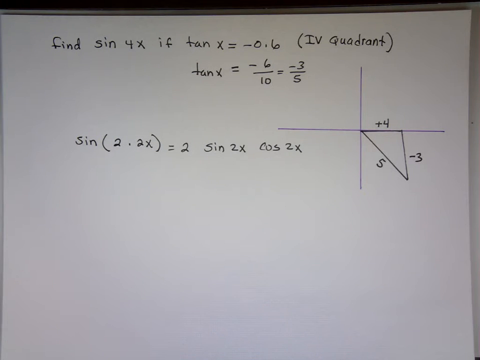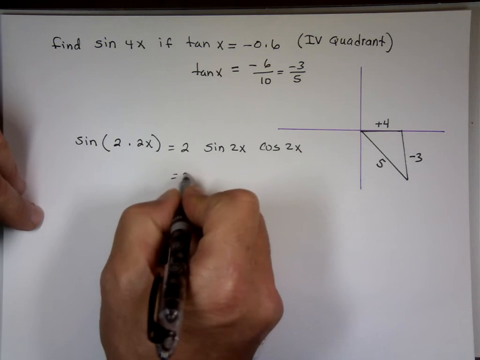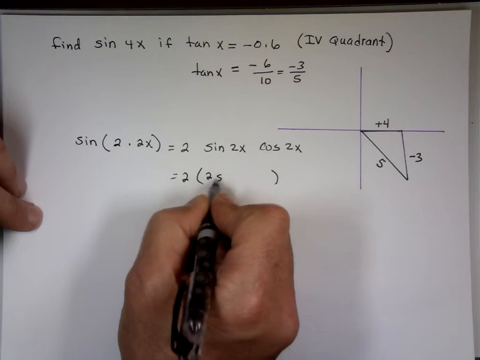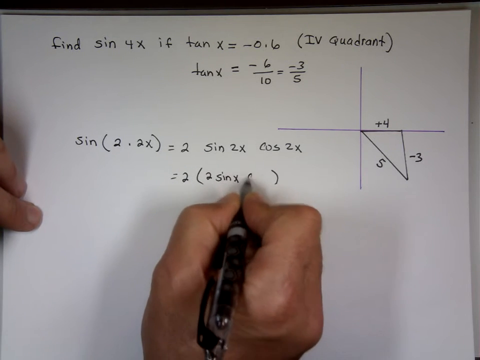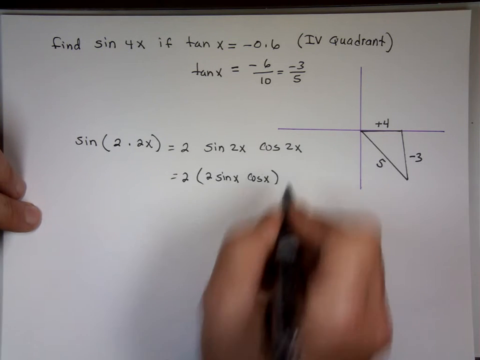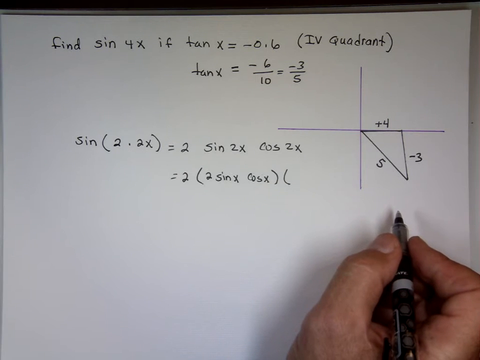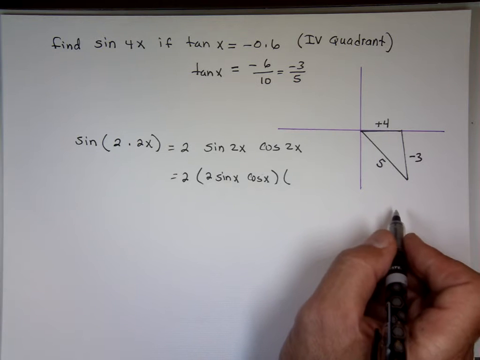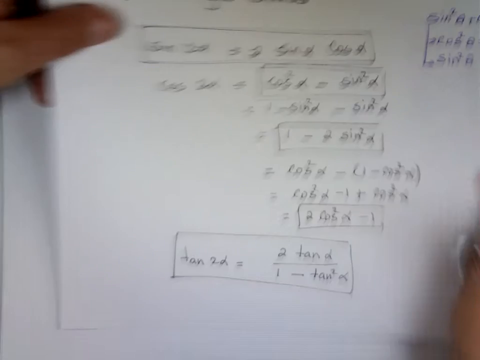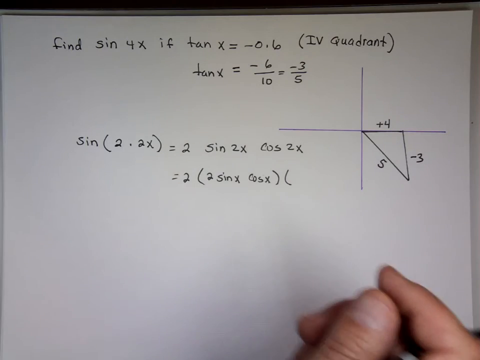Now let's break this one down more. There's the 2. And what is sine 2x? 2 sine of x cosine of x, times, what's cosine 2x? Which one do you want to use? Any preference? It doesn't make a difference. You have 3 of them for the cosine. Cosine squared minus sine squared is fine.